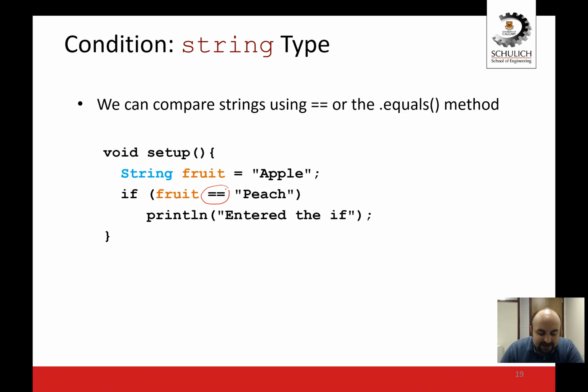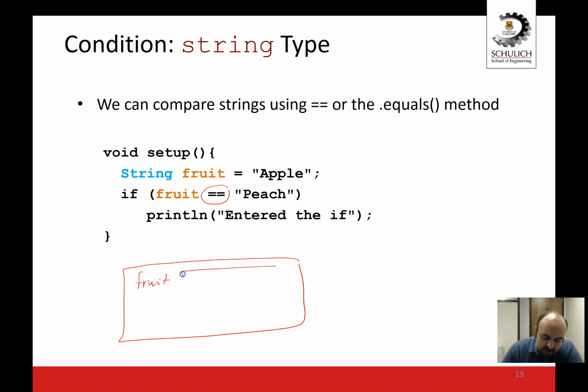So here you can have a string fruit, apple. Here, if fruit equals peach, so basically in memory you have fruit, which has been assigned to hold apple. This is 0, 1, 2, 3, and 4. When you try to compare the two, it doesn't work.